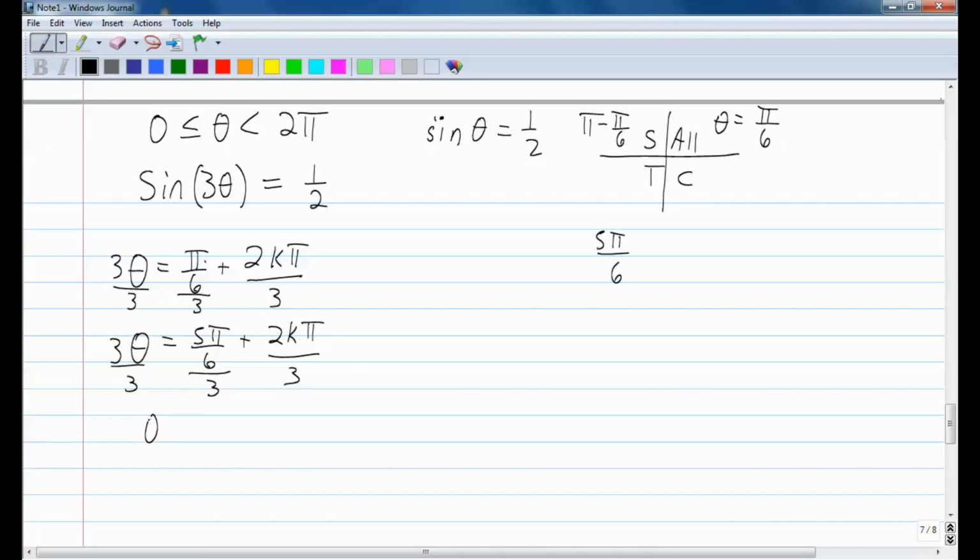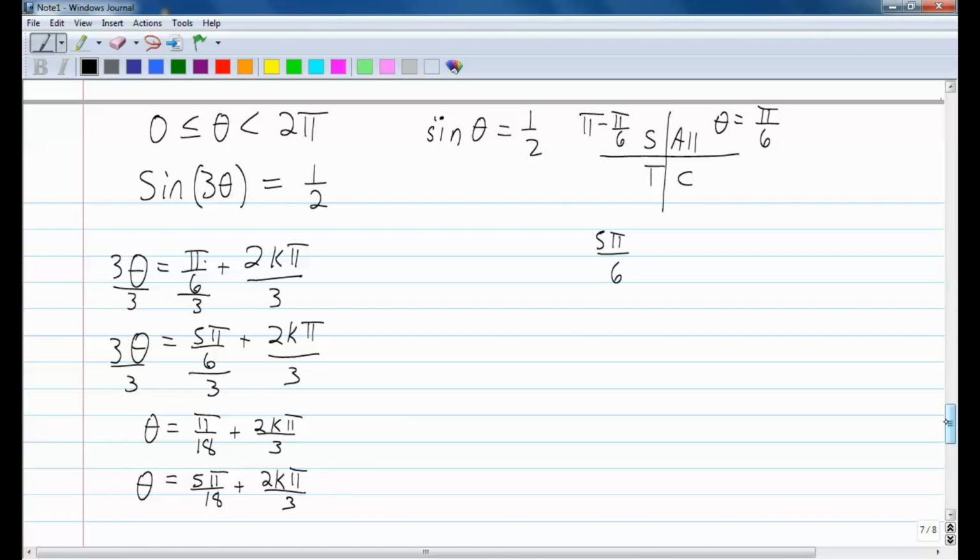So my two equations become pi over 18 plus 2k pi over 3 and 5 pi over 18 plus 2k pi over 3.